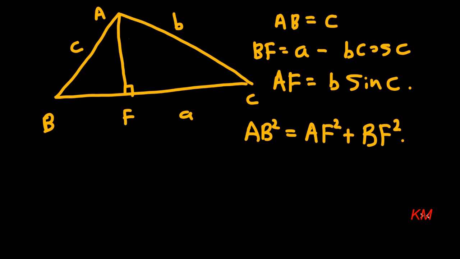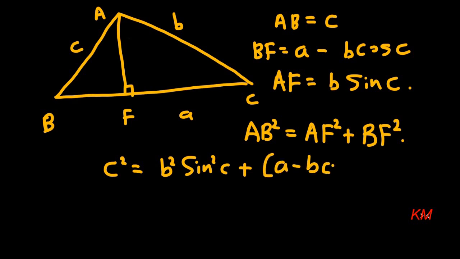So c square equals b square sin square C plus (a minus b cos C) square.